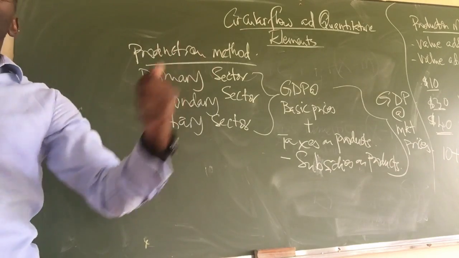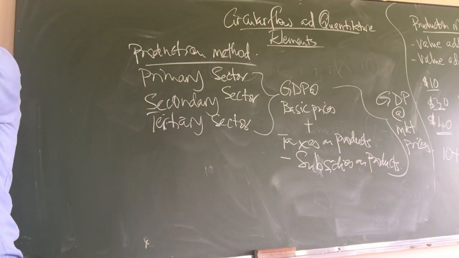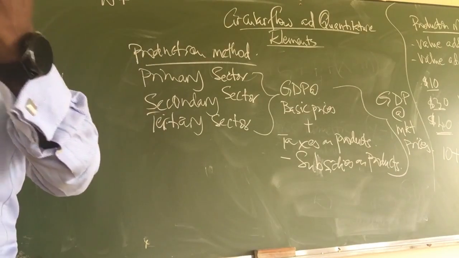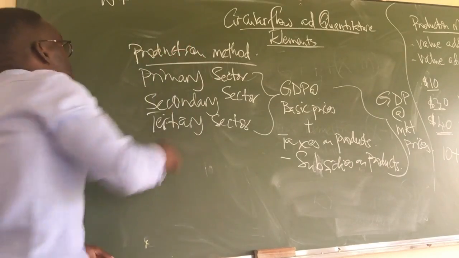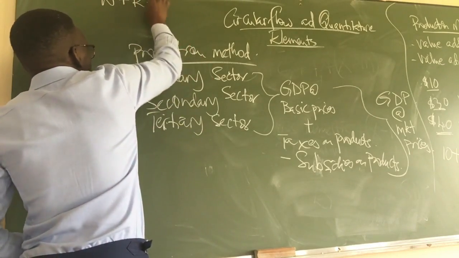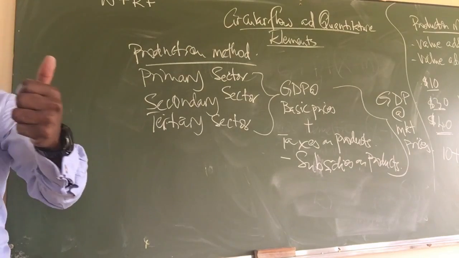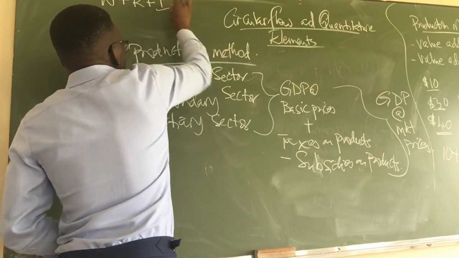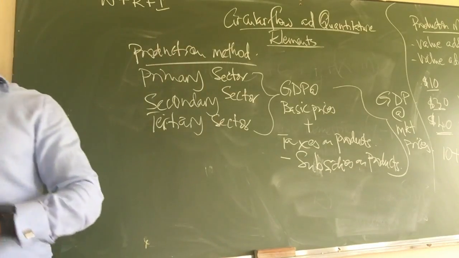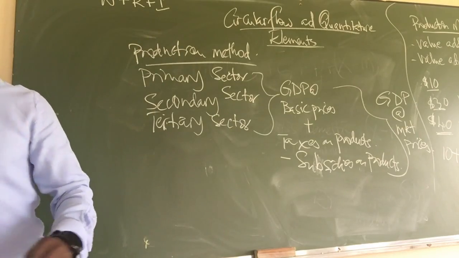Like labor, it earns what? Salaries and wages, isn't it? Then we also have our land, it earns what? Rent, isn't it? Then we also have the capital, interest. Is that correct? And then the last one, it earns profit.